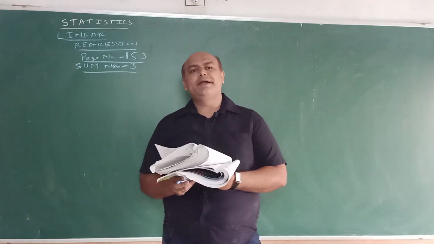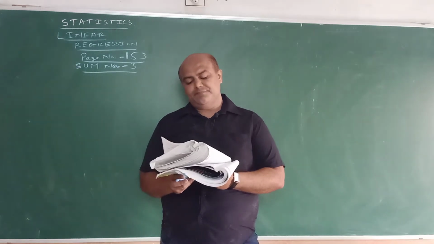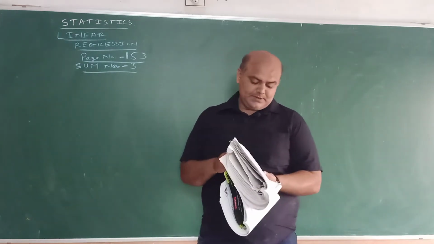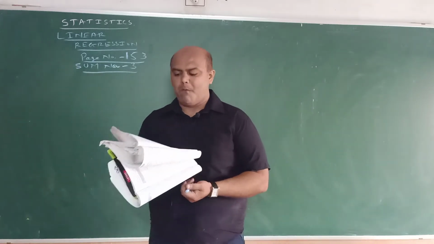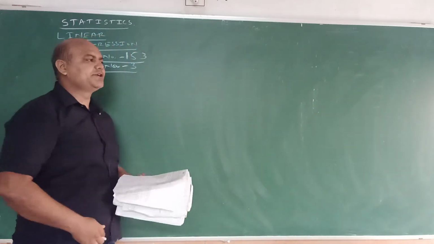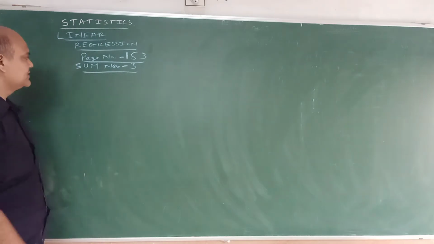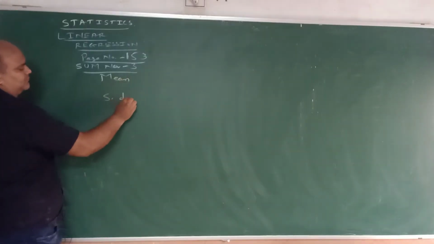Two columns are provided, my dear friends: mean and standard deviation. Mean is denoted by x bar and y bar, and standard deviation is SD. First I write mean, SD.